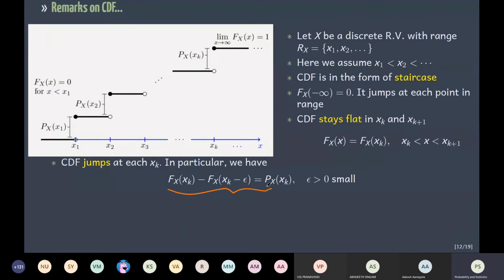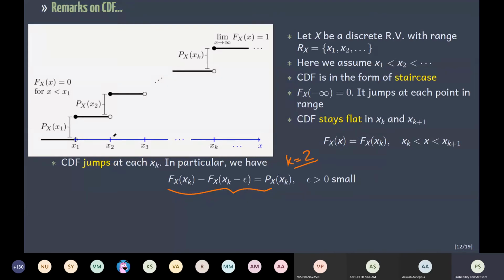So we can write this. The probability at xk will be F(xk) minus F(xk minus epsilon). Let's see. Let us say k is 2.